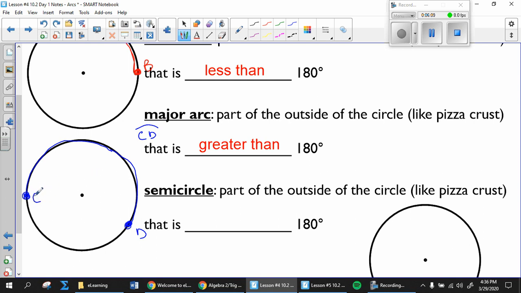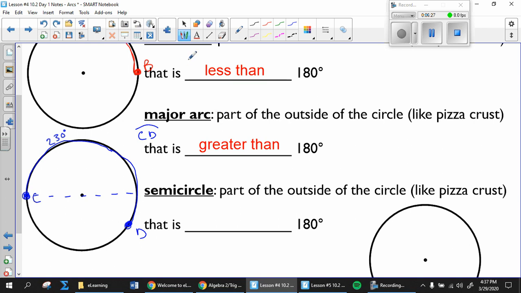Because if I look here, this is my diameter. That's cutting my circle in half. That's 180 degrees. So if I go past that point, that's 180 from C to D, let's just say this is about 230 degrees. That's going to be our major arc.